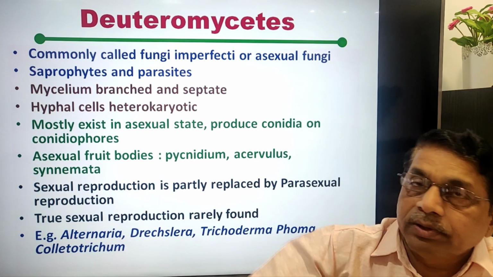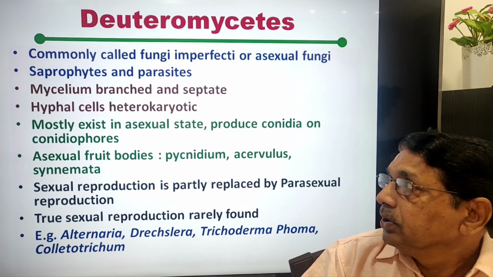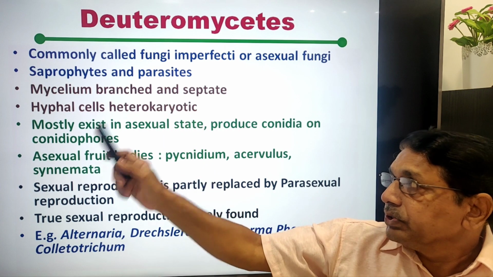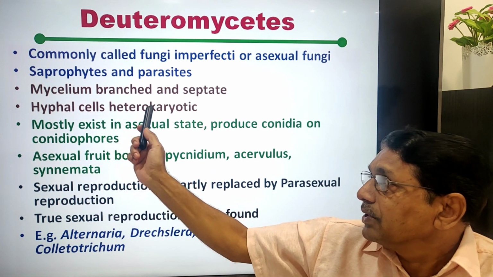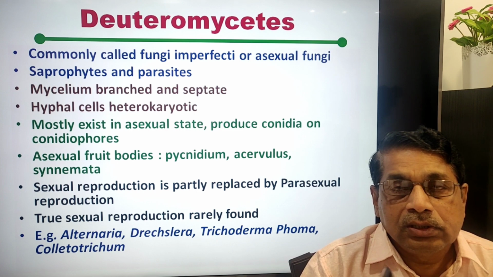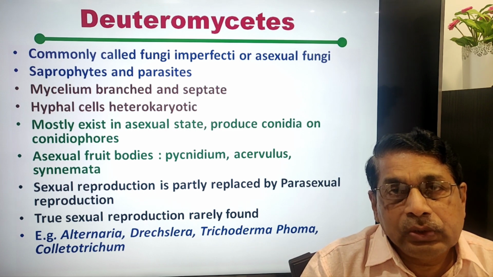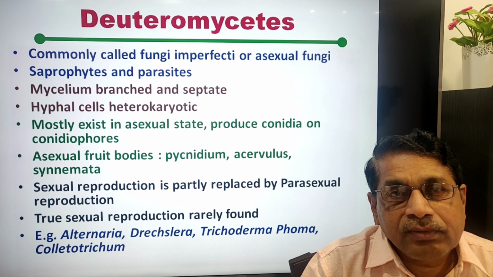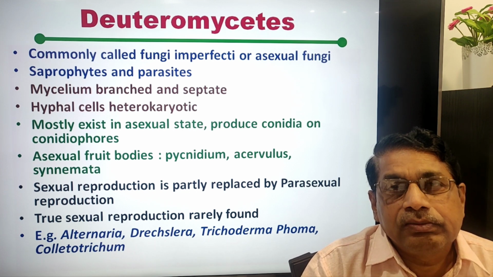Saprophytes and parasites. Mycelium branched, septate, just like Ascomycetes. Hyphal cells are heterokaryotic, multinucleate. In a cell there will be many nuclei, but genetically those nuclei will be different from one another.